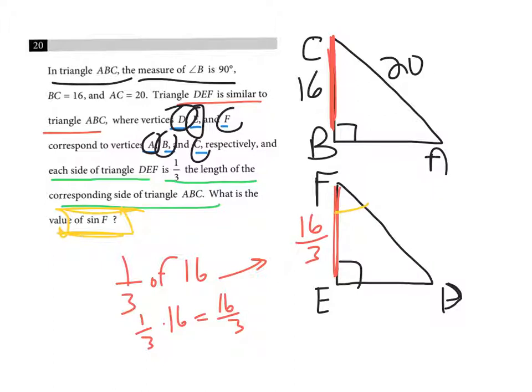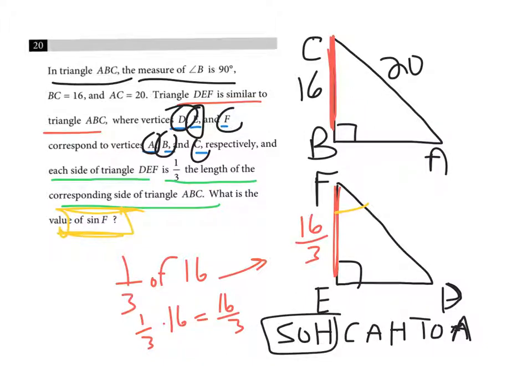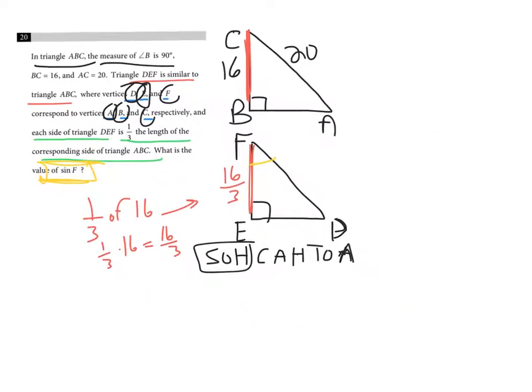Well, in order to find the sine, we're going to use a rule from geometry, SOHCAHTOA, where I know the sine of an angle is equal to the opposite over the hypotenuse.